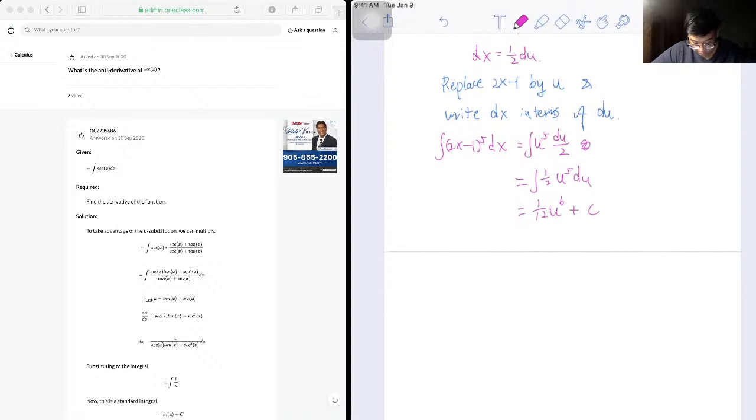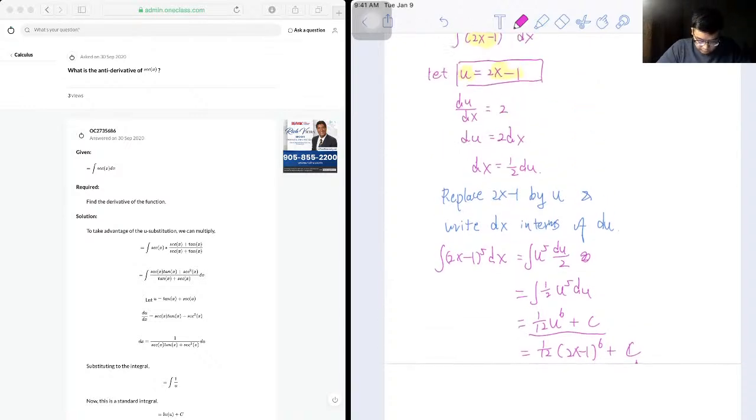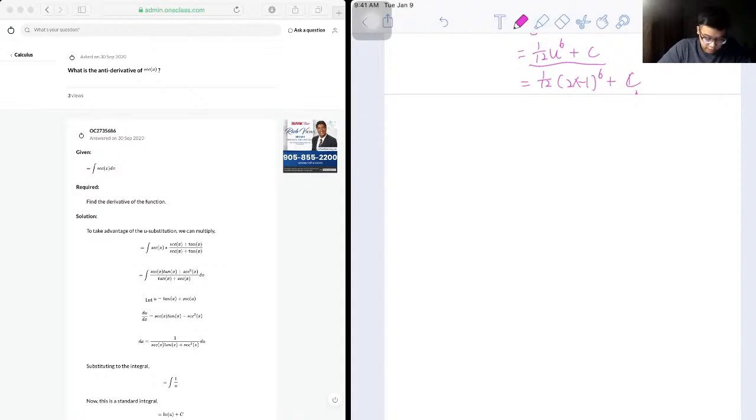So after solving, for the very last step we need to substitute x back, which will be 1 over 12 times 2x minus 1 to the exponent of 6 plus c.